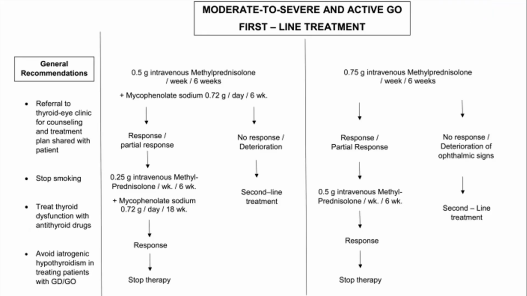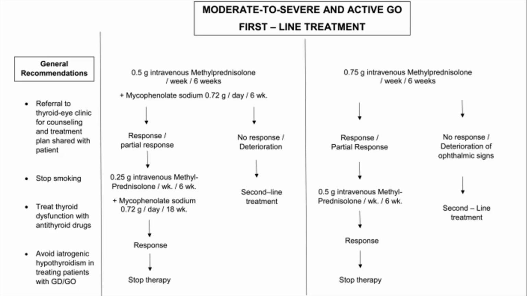This is the EUGOGO guideline for moderate to severe active Graves' orbitopathy. Here in EUGOGO, they have given 500 milligrams of methylprednisolone for 6 weeks, along with mycophenolate mofetil. Then they assess, and if the response is good, they come down to 250 milligrams of methylprednisolone, and mycophenolate is continued for 18 weeks.